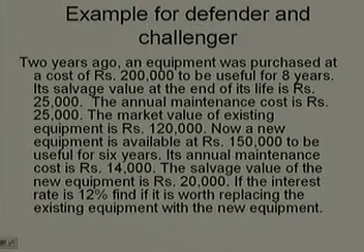Interest rate is given to be 12%, and you have to tell me whether it is okay to continue with the Defender or whether it is advisable to switch to Challenger. Same process you follow again. You plot the cash flow diagram for Defender, you plot the cash flow diagram for Challenger.